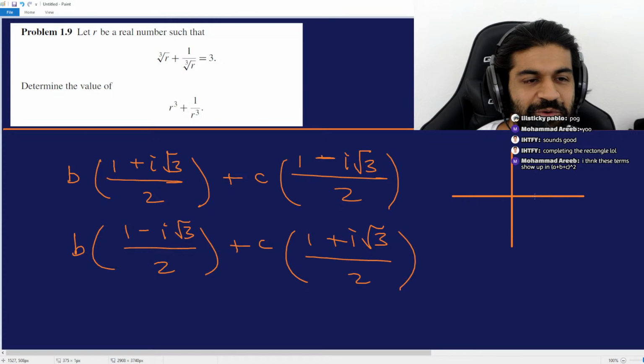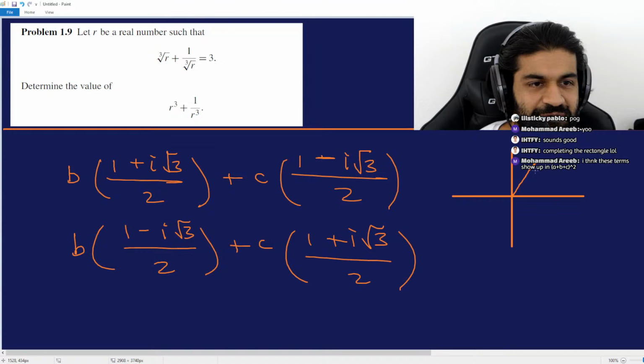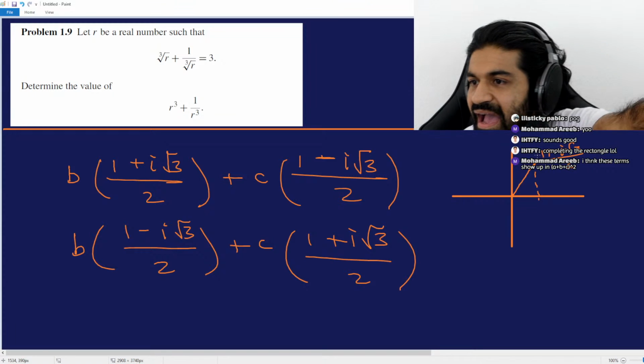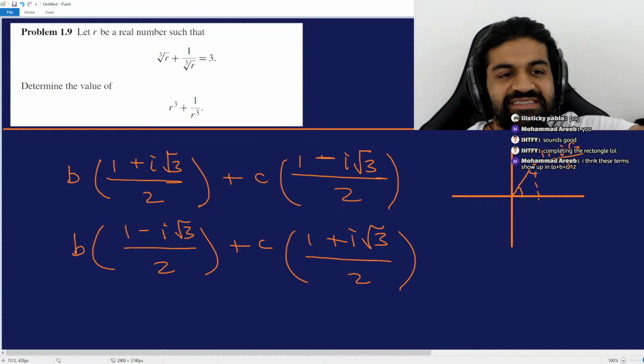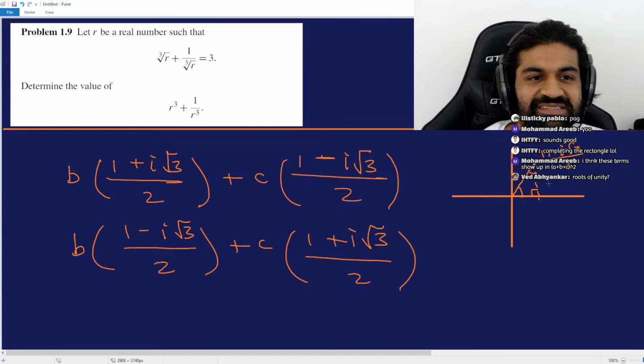The x-coordinate would be 1/2, and this would be root 3 over 2. So notice that 1 plus I root 3 over 2 is over here. At the tip, so this is a 30, 60, 90 triangle, right? So this is 60 degrees, this is 30 degrees, this is 90 degrees, right?